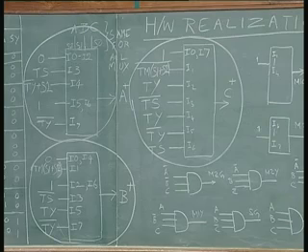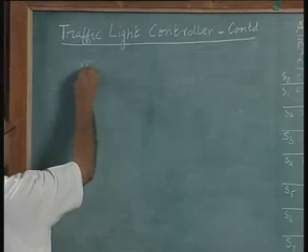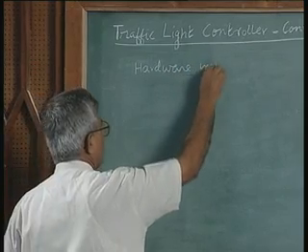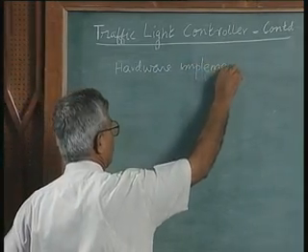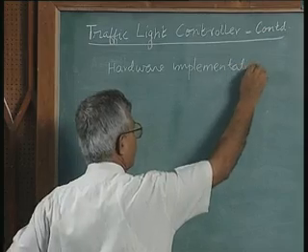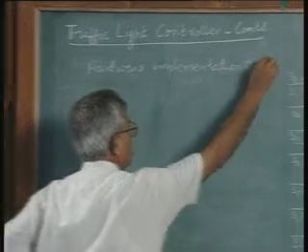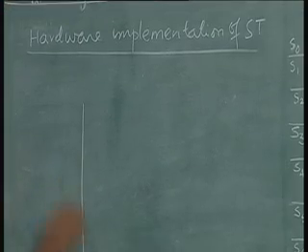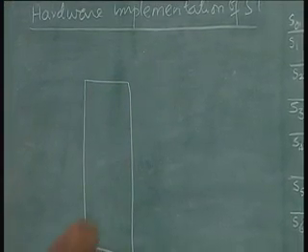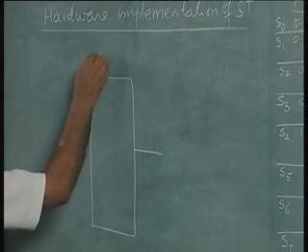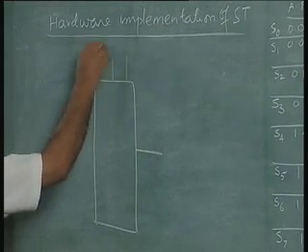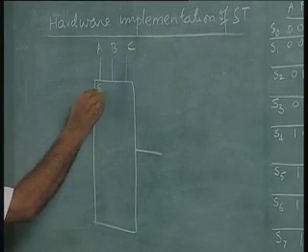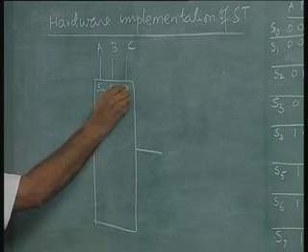Again, there are only 8 states, so for the hardware implementation of start, ST stands for start timer. There are 8 inputs, 1 output, a mux, with A, B, C, the present state variables, as the 3 selectors.